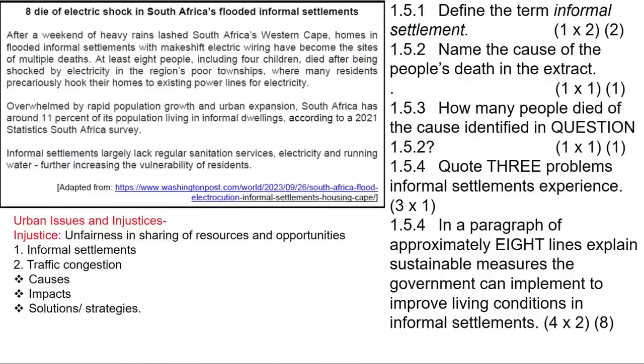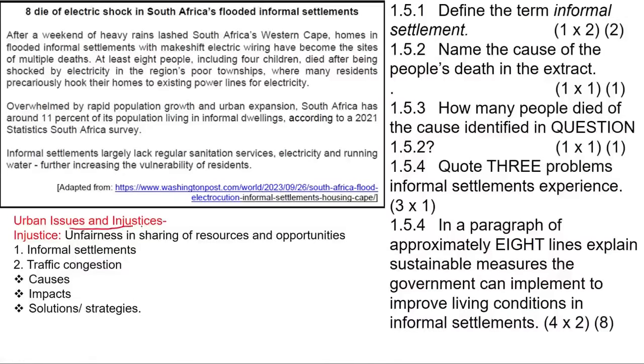Now, what do we have here? Informal settlements. Informal settlements are some of the challenges that we find in urban areas. When looking at informal settlements, you must note that they are also called urban issues.